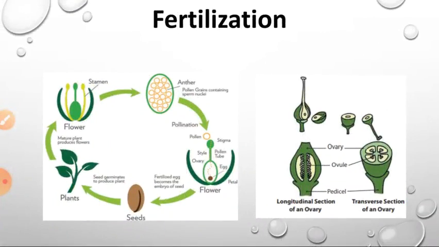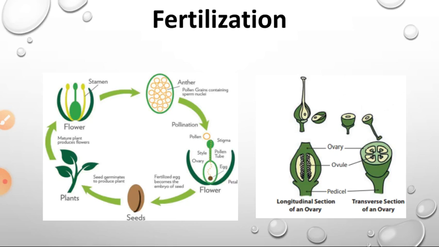After the pollination process, the fertilization process will take place. So first, what do you mean by pollination? Pollen grains reaching the stigma. If it is in the same flower, that is called self-pollination, and a different flower of the same kind is called cross-pollination, but a different flower and a different kind means no pollination occurs.